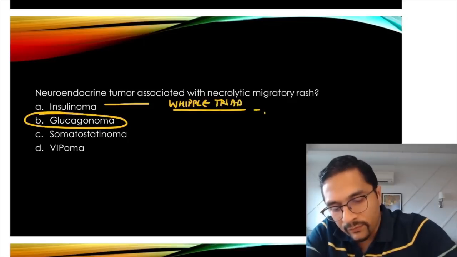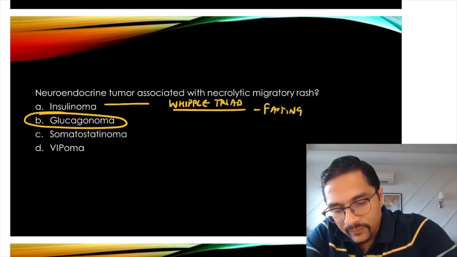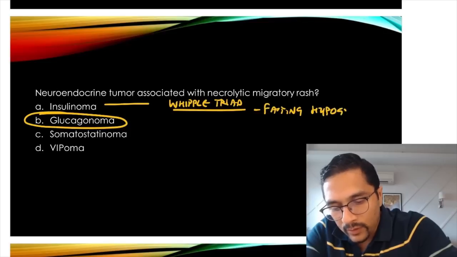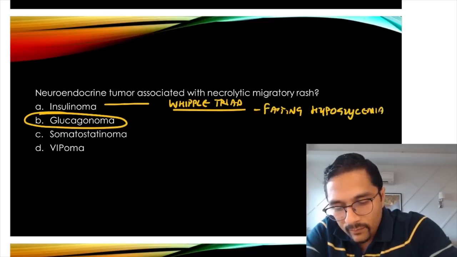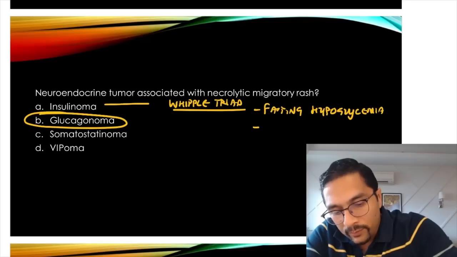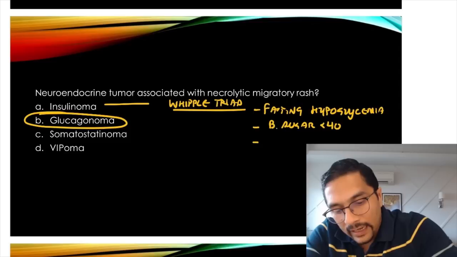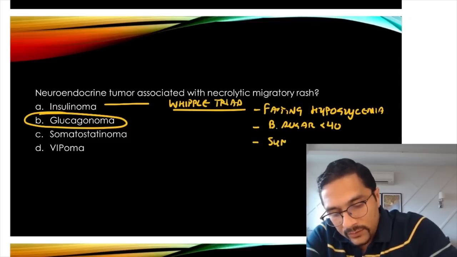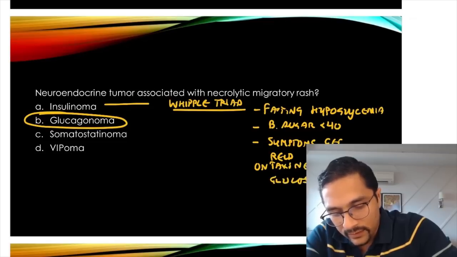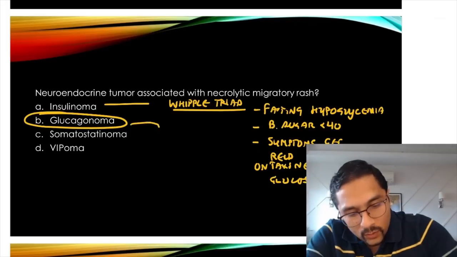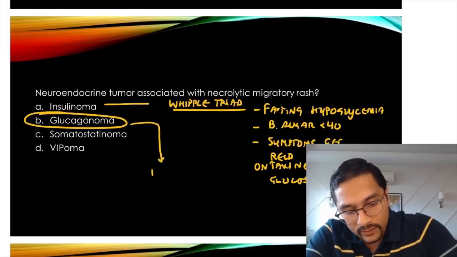Whipple's triad is fasting hypoglycemia, and you have blood sugar less than 40, and the symptoms get relieved on taking glucose. Glucagonoma, these patients are going to come with diarrhea.